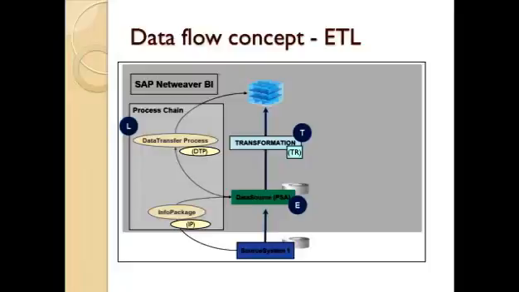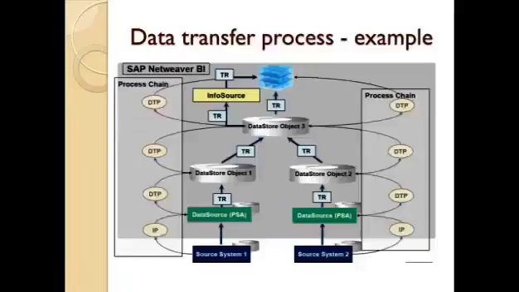So again, within BW itself, you can also have transformation and loading, as illustrated here. And then the next diagram shows basically the same thing, but with two data flows, one from source system 1 and second from source system 2, going through PSA and then to a data store object, and eventually to an info cube.